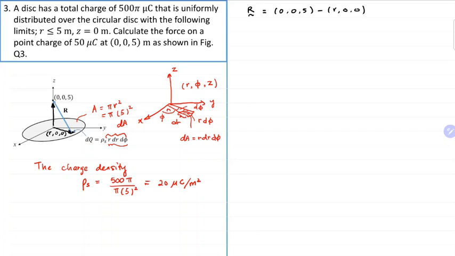Okay, so the small little disk position vector is a variable. It's changing with r. So this small disk here could be here, could be here, could be anywhere around on that disk. We don't specify exactly what r is, but r is just a variable. But it's sitting in the xy plane where z is equal to 0. So it's sufficient just defining it at r anywhere along the radial direction.